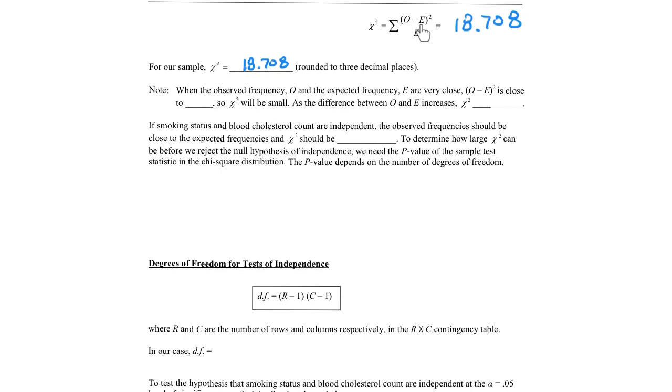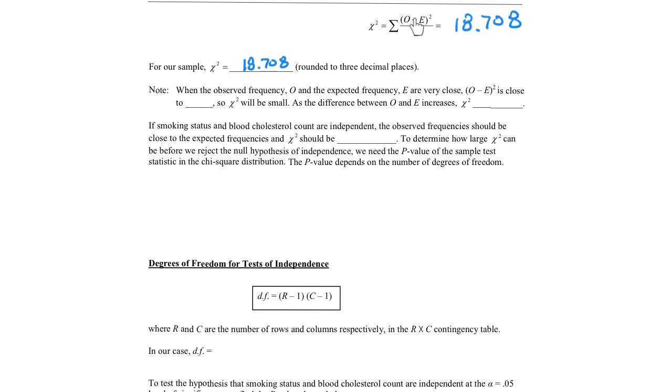If you look at observed minus expected, think about if we expected to get 11 people and we got 11 people, then observed minus expected would be 0, right? So we would add up a 0. And we're going to sum, so we're adding these up. So if observed and expected are really close all the time in all those cells, or are the same all the time, then we're going to get really tiny numbers here, right?